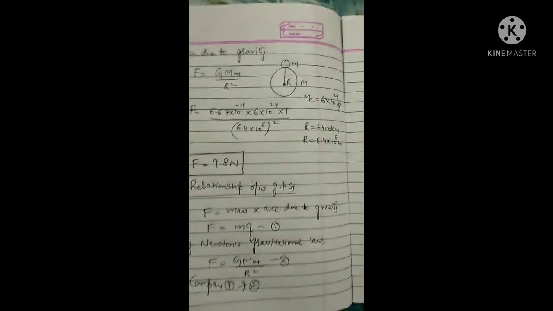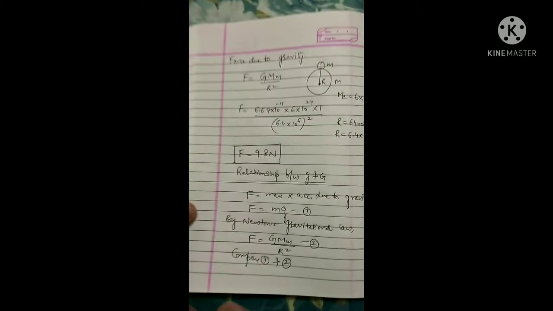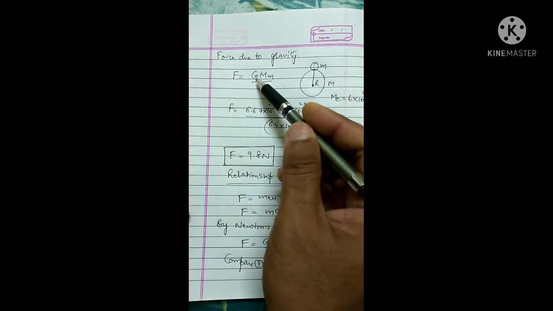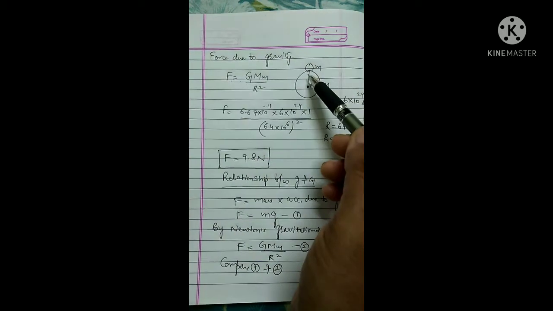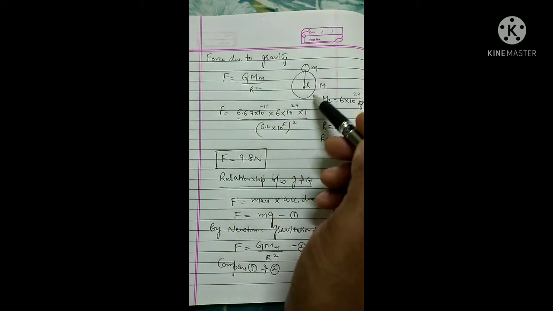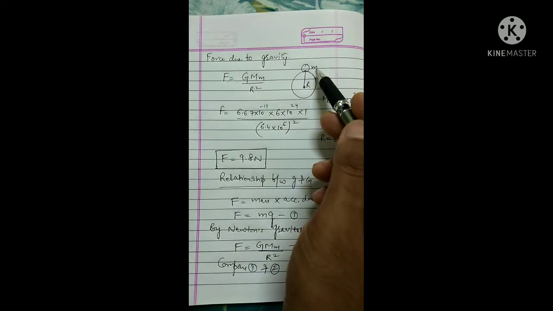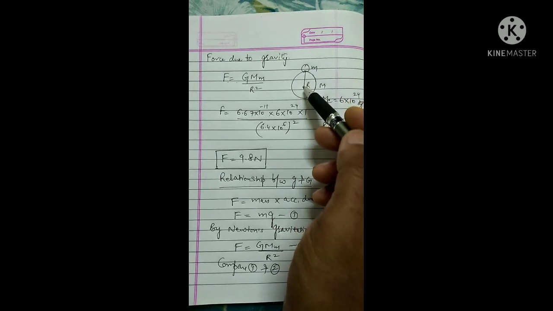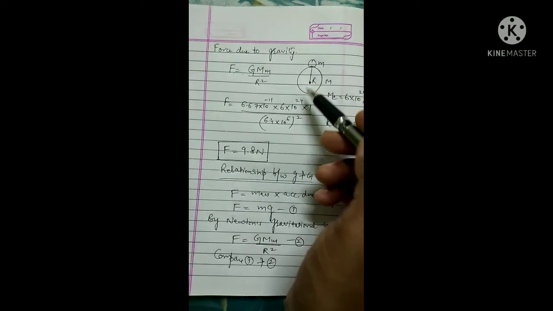Next topic is force due to gravity. The expression is F is equal to G M m upon r square. Here we are considering two bodies. One is Earth, this large sphere, and the smaller one is small m, which is on the surface of Earth. The distance of separation between these two bodies is the radius of Earth, r.